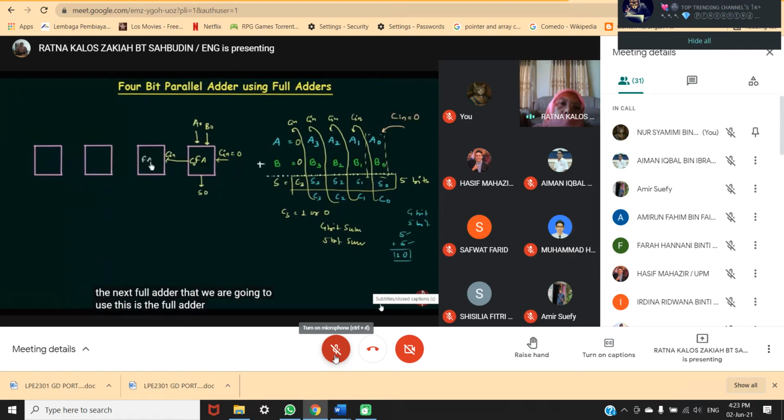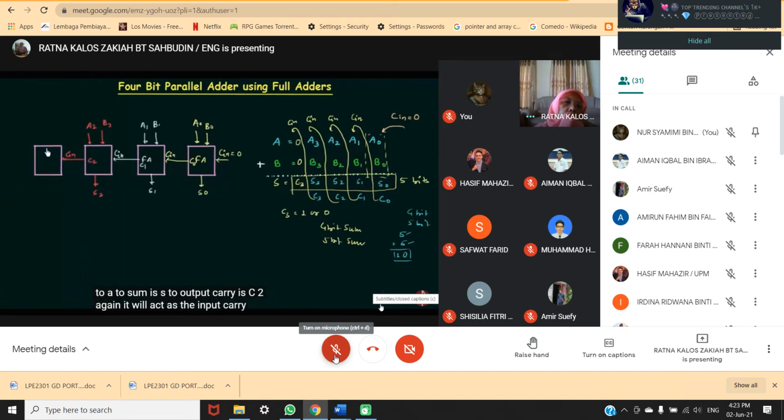This is the full adder, and by using this full adder, we will add B1, A1, S1 is the sum, and again we will have the carry output. Carry output is C1, and it will act as input carry for the next full adder, and the next full adder we use to add B2, A2, sum is S2, output carry is C2.